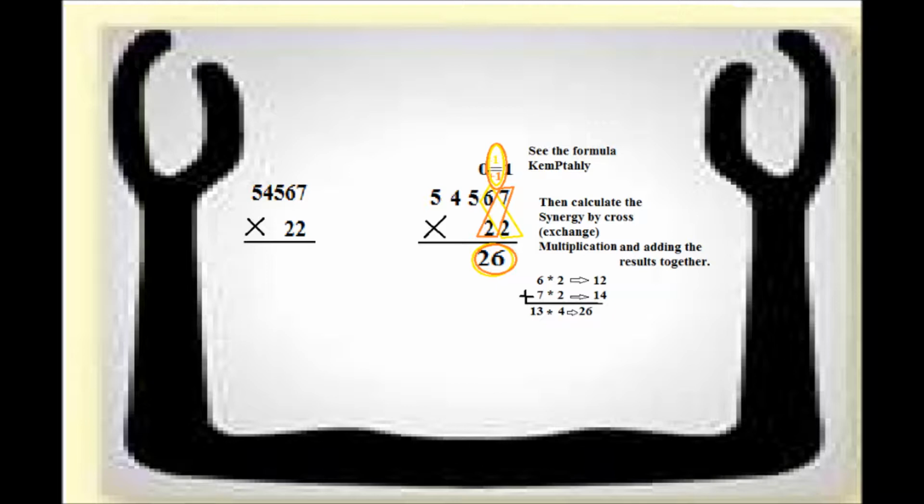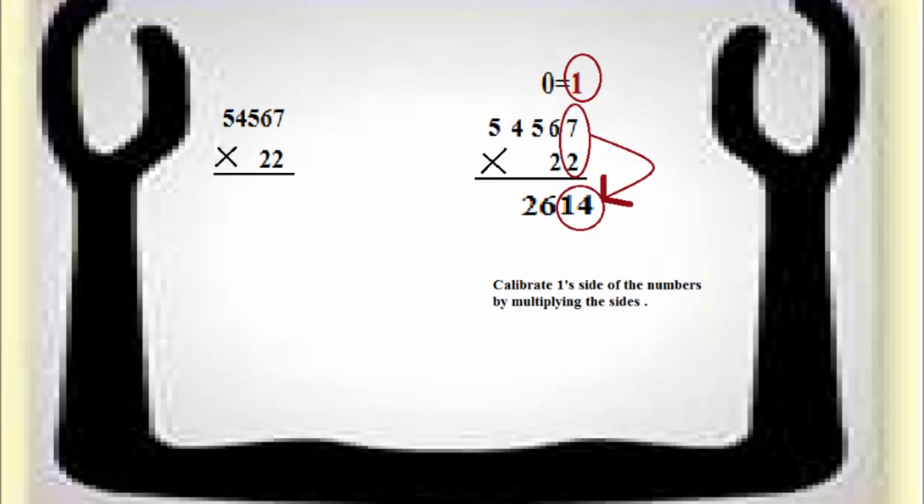On the one side, when you look at the whole numbers as it is, we get 26 when you cross multiply: 6 times 2, 7 times 2 is 14. 12 added together, you get 26. After we finish doing that, next we multiply 7 times 2, which represents the one side of that particular interaction between these two numbers, the large number and that 2-digit number.